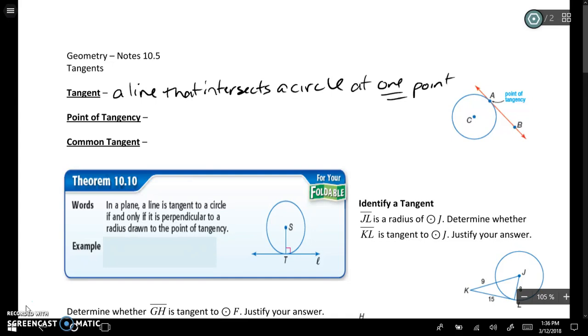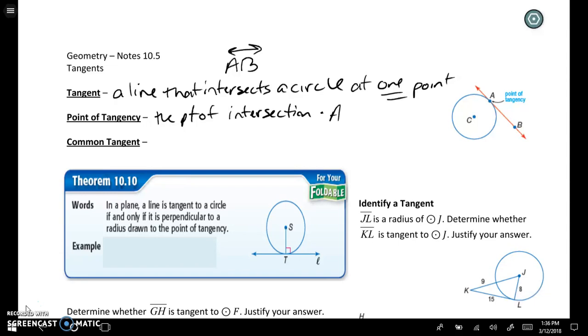So line AB would be a tangent. The point of tangency is the point of intersection where the tangent line actually hits the circle. So point A would be our point of tangency.